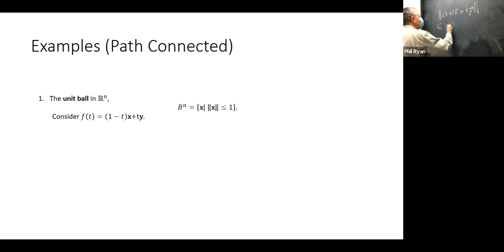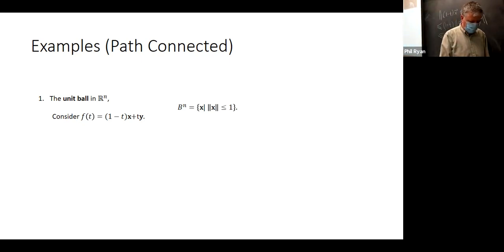So it's at most (1 minus t) norm of x plus t norm of y. And of course, now we use the fact that x and y are in the ball. So they're at most norm 1. And so we stay within the ball.